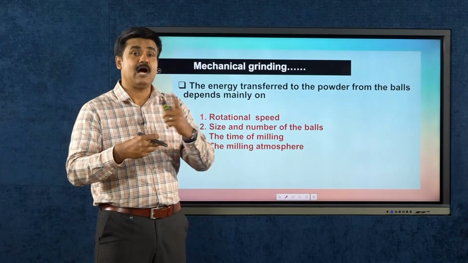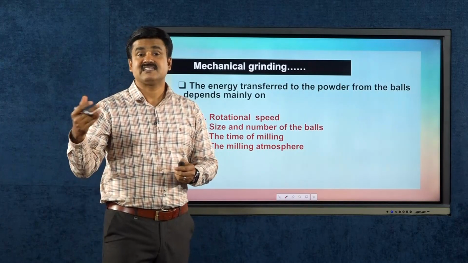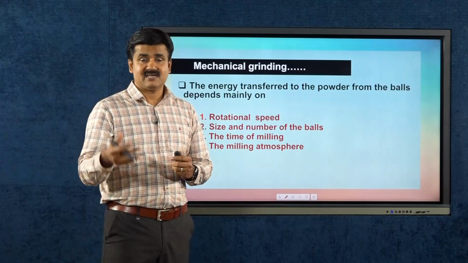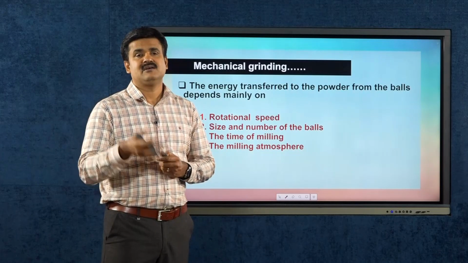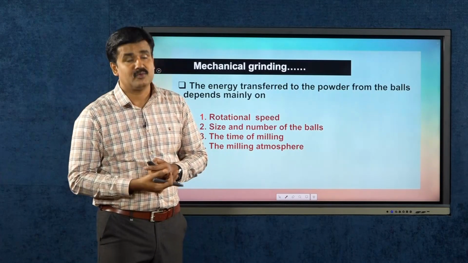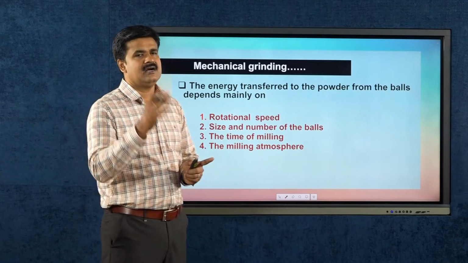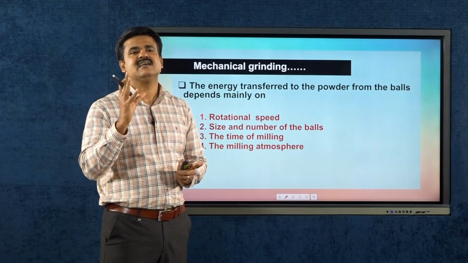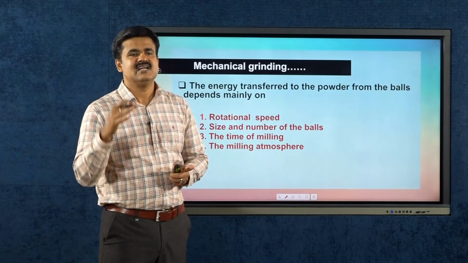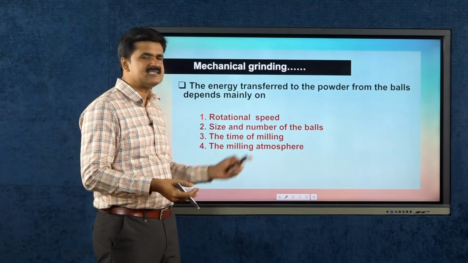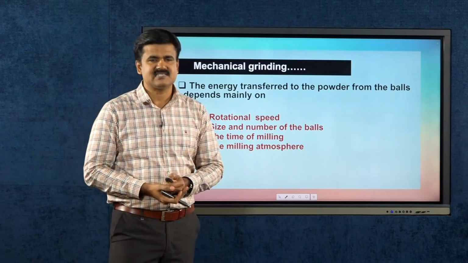The time of milling, how much time the balls are moving, and the milling atmosphere, whether it is an inert atmosphere or air, also has a role. Sometimes we also perform vacuum milling. So the energy transferred from high energy metal balls, or refractory material balls, to the particles is governed by these parameters. These parameters are very important as far as mechanical grinding is concerned.